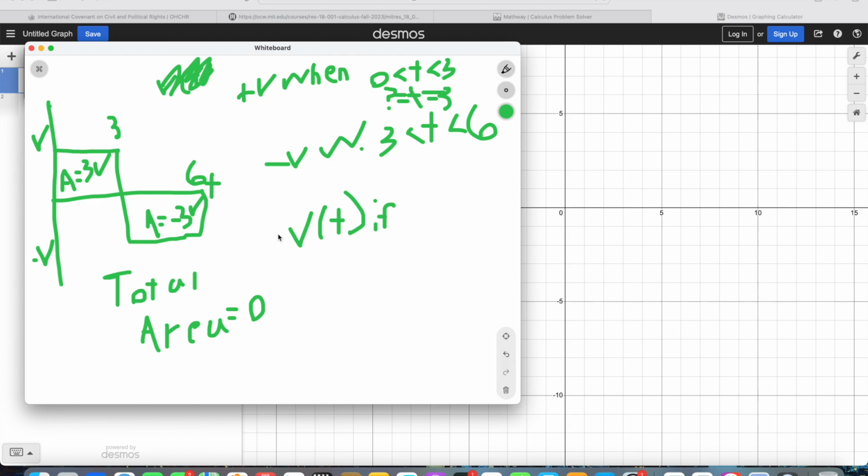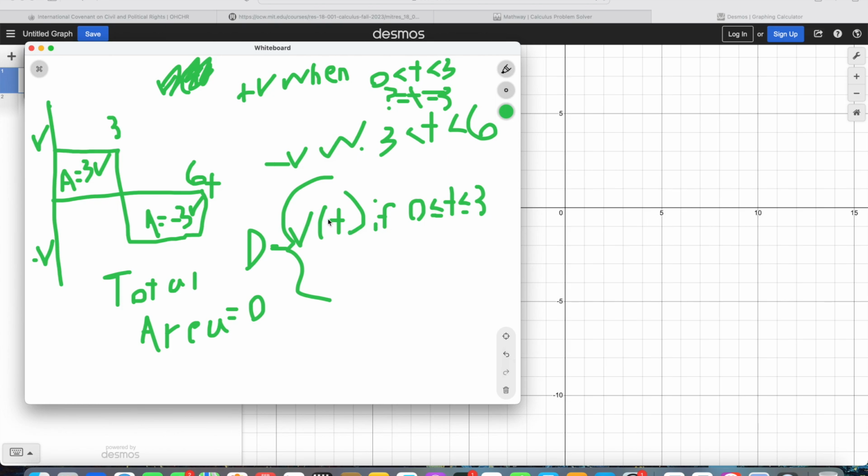If this defines the original distance function, it would be something like this: v of t if 0 is less than or equal to t, where t is the time, which is less than or equal to 3. That's just the normal function for him going forward at that moment.